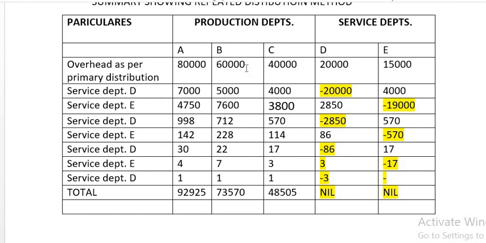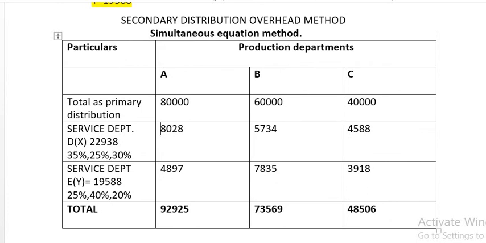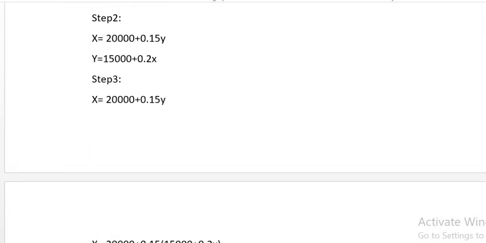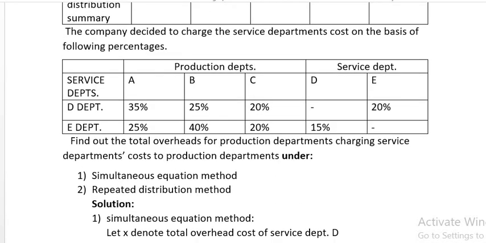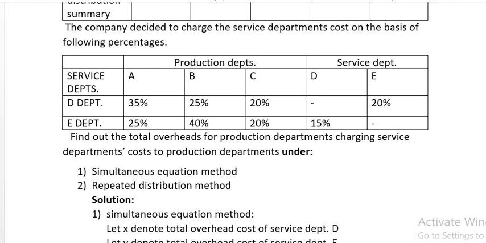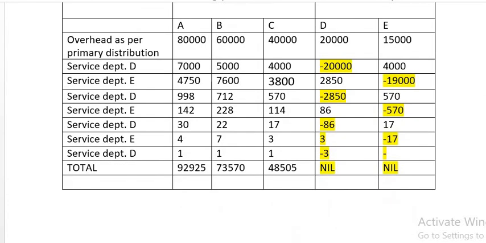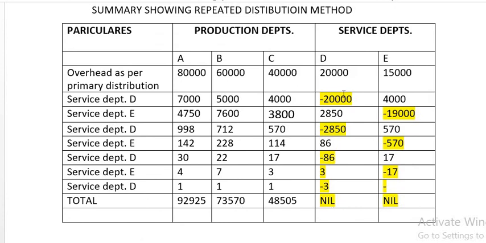The percentages are 35% for A, 25% for B, 20% for C and 20% for E. I will directly take the 20,000 as per the given percentages, and it comes to 7,000, 5,000, 4,000 and 4,000.